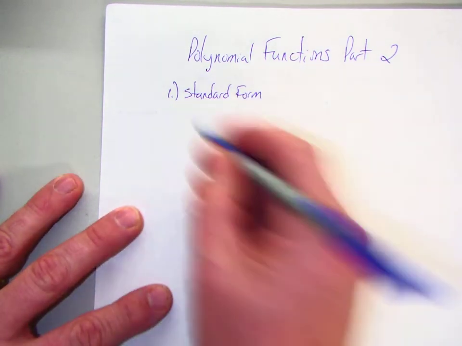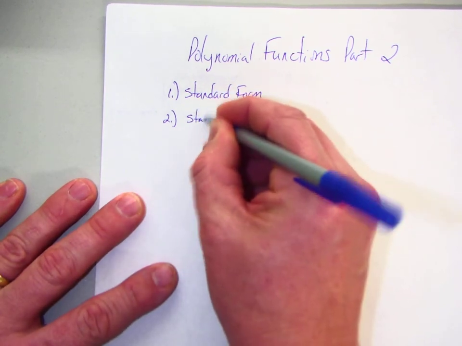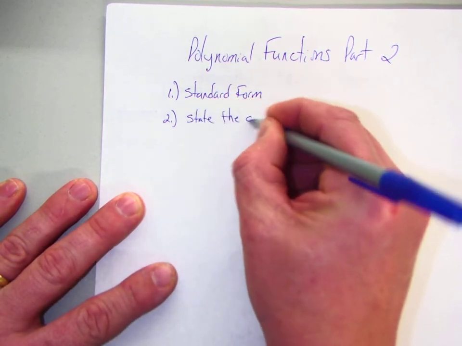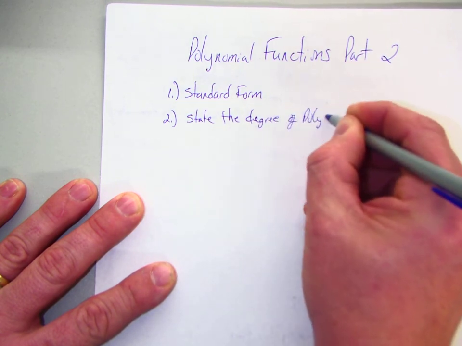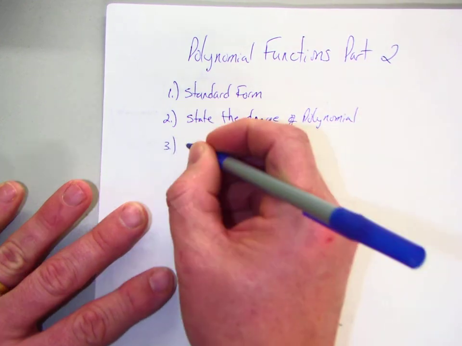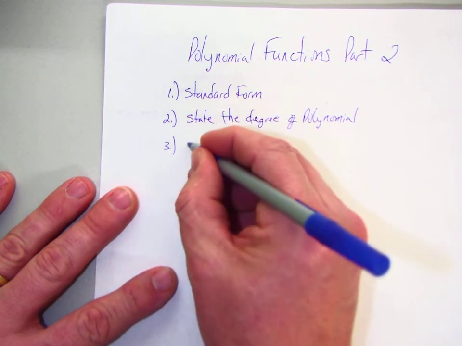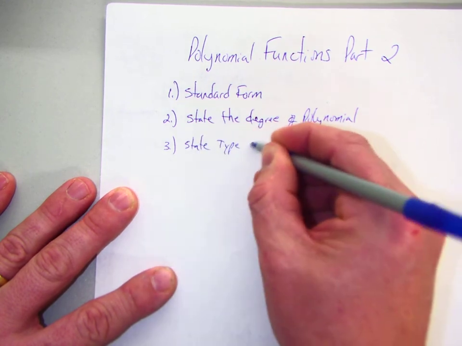Then step 2, you're going to state the degree of the polynomial. Then you're going to state the type of polynomial.